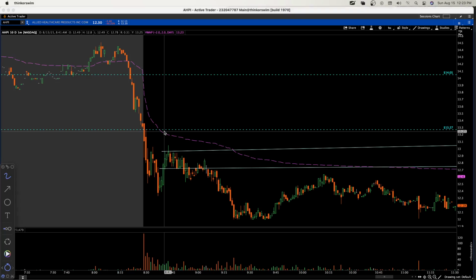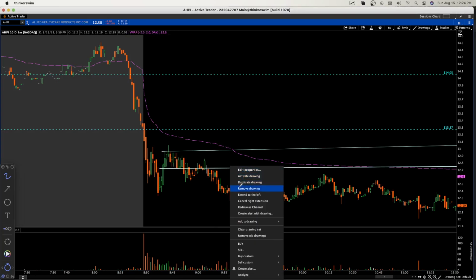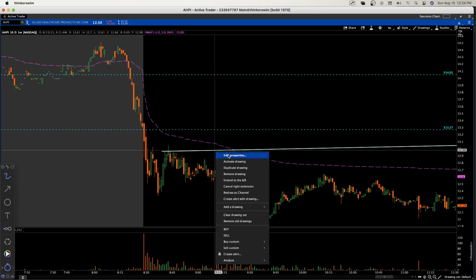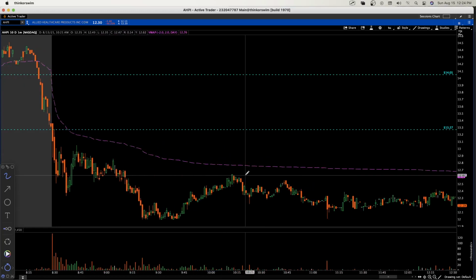What's it doing? VWAP is actually trending down, right? Even though we're consolidating, it's trending down. And look at what happened after that. Boom, right? Let me see if I can find an example of where it did the opposite, which are a little bit harder to find. But maybe we'll get lucky so I can show you guys.